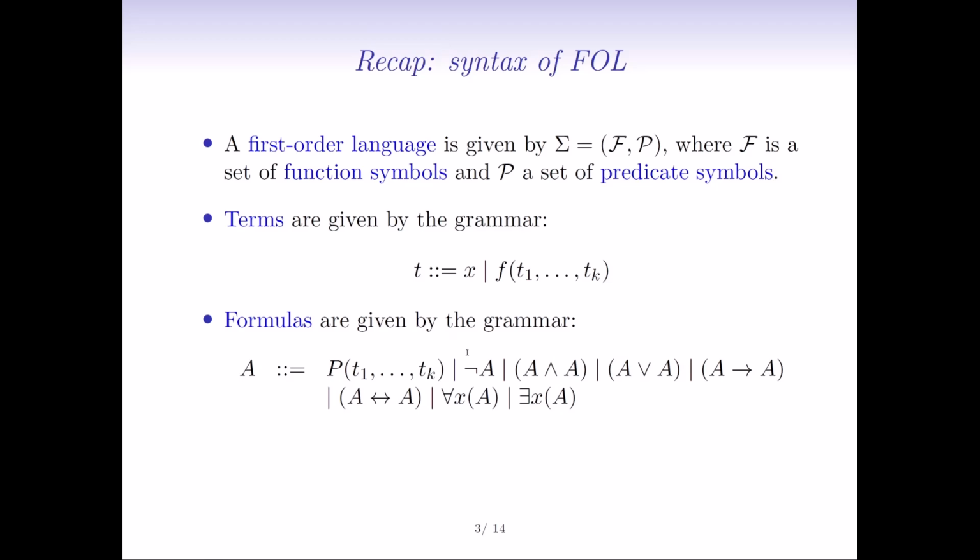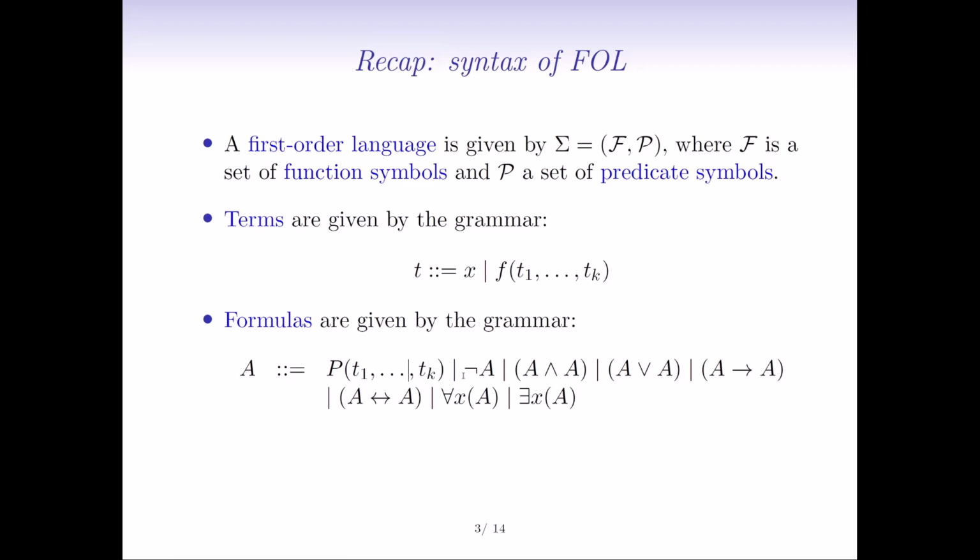Next, we have the syntax of formulas. The atomic formulas, also called predicate formulas, are given by a predicate symbol P in the language applied to appropriately many terms. So here I'm assuming that the predicate symbol P has arity k, and we apply the predicate symbol P to k terms, t1 up to tk.